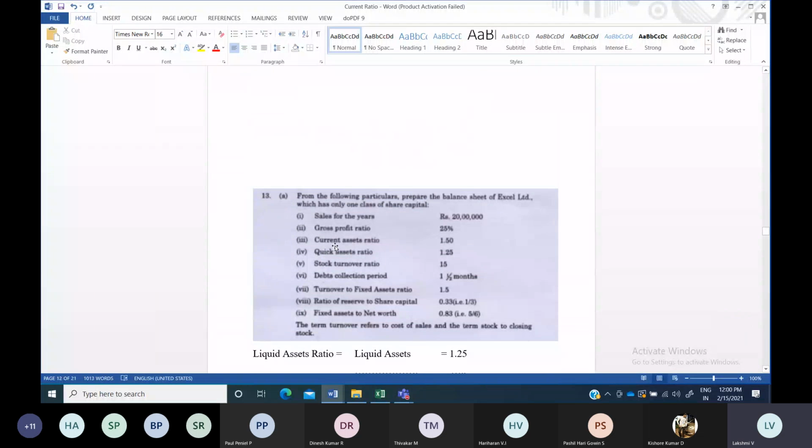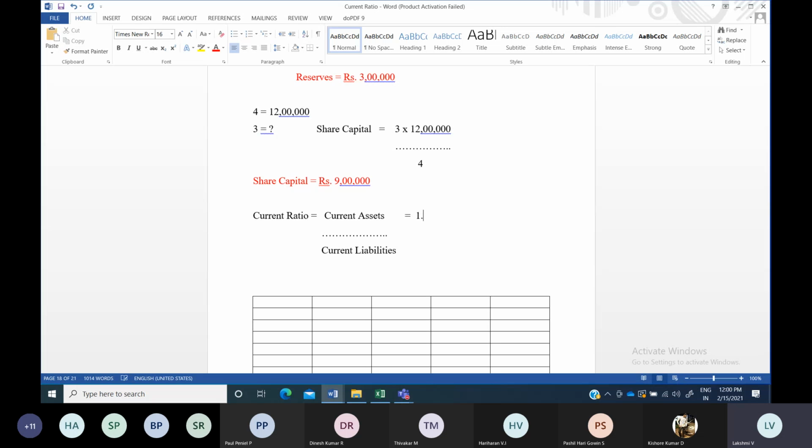See here. The current ratio is 1.50, they are telling. So 1.50 is my current assets and my current liability is how much? Actually it is 1.